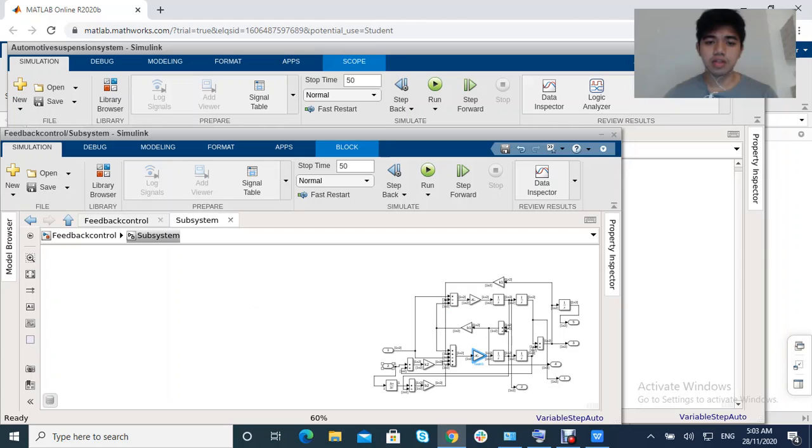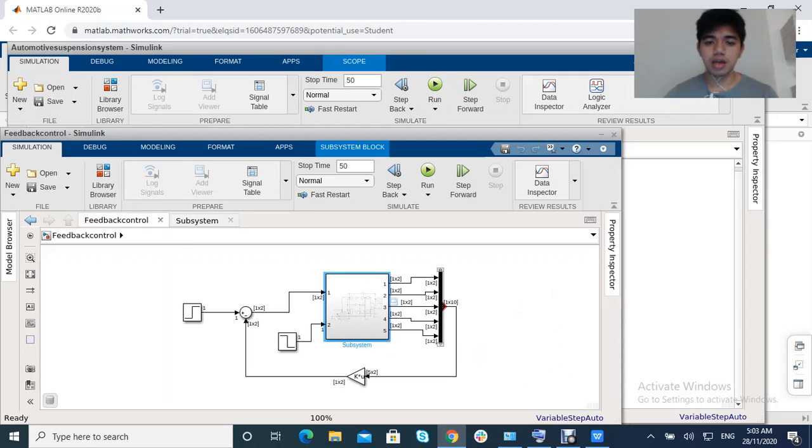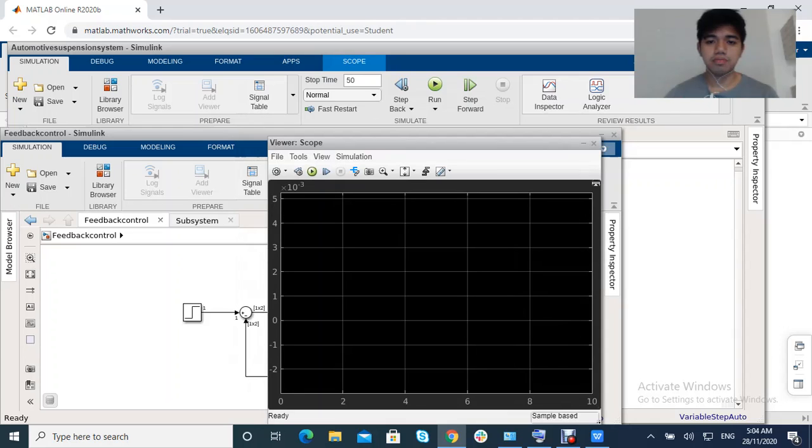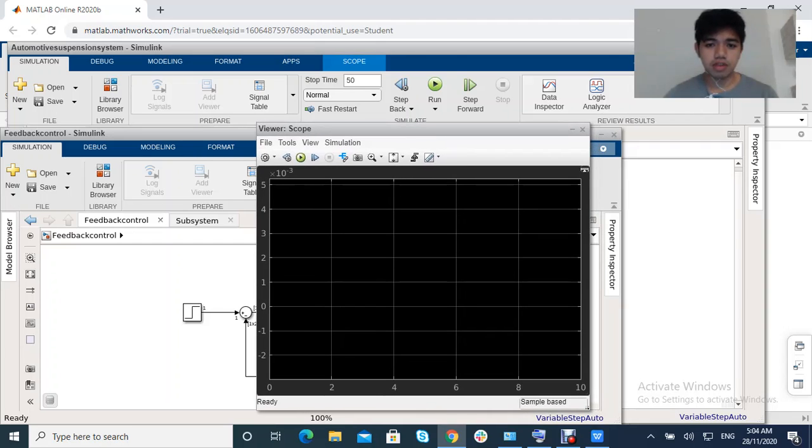Here is where the step signal will fall, and it will go through all of these sum blocks until it reaches the outputs 1, 2, 3, 4, 5, going to the MUX, going through the gain, and going back to the sum block. As you can see, I inserted a scope here so you could see the output of it. So those would be all of it. Thank you so much for your time.